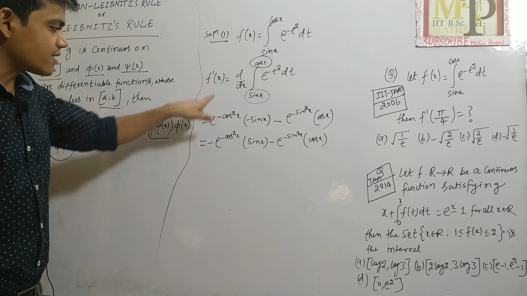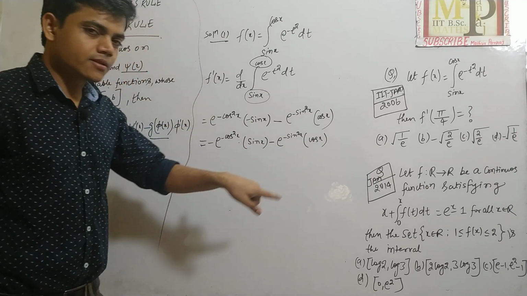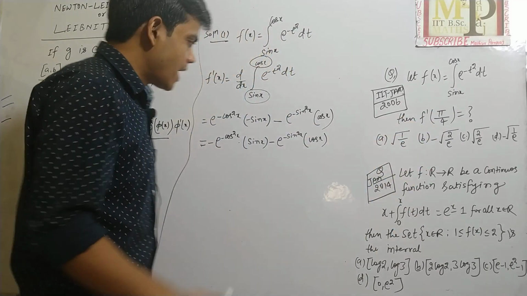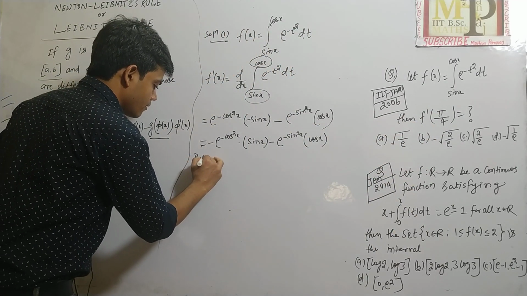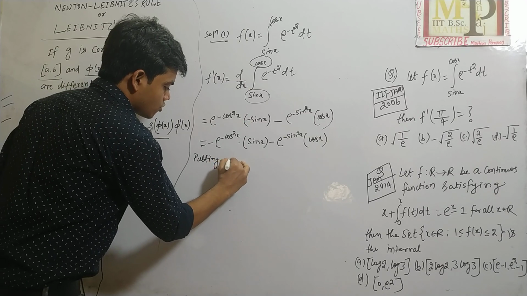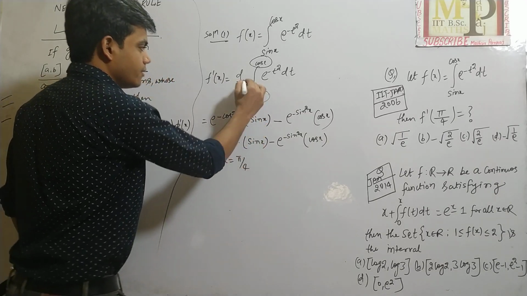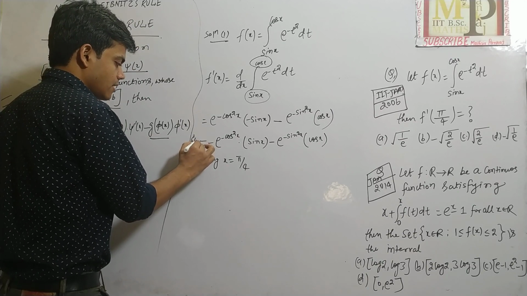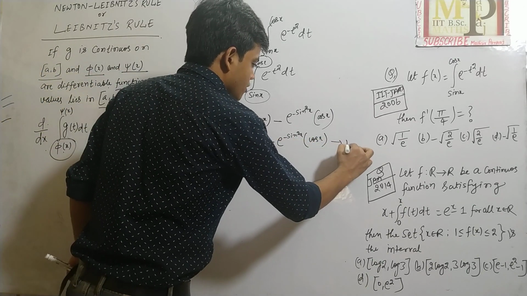So your f dash x is this thing, but you need f dash pi by 4, and therefore we put x equals pi by 4 in this. This is your f dash x; call it equation number 1.